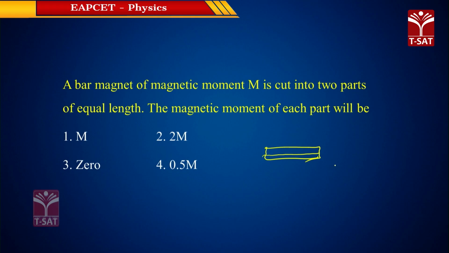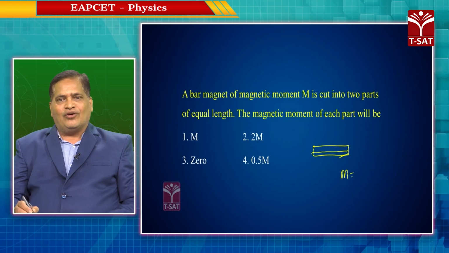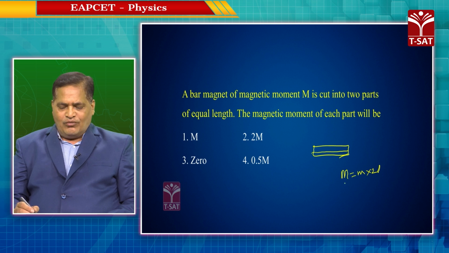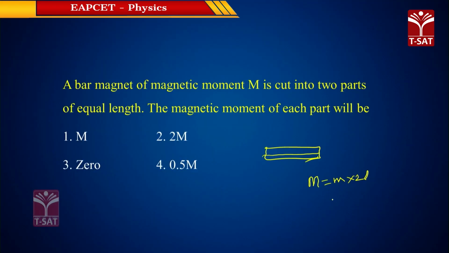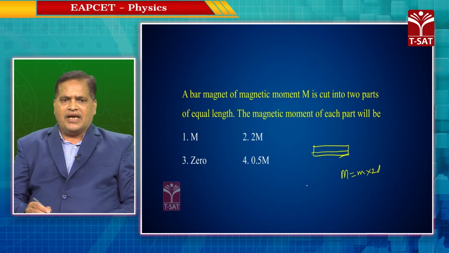The magnetic moment of each part will be, generally what is the magnetic moment? Capital M is equal to small m into 2L. Magnetic moment capital M is equal to small m into 2L. When it is cut into equal lengths, its value does not change, right? Okay, therefore the magnetic moment value is M by 2, M by 2.